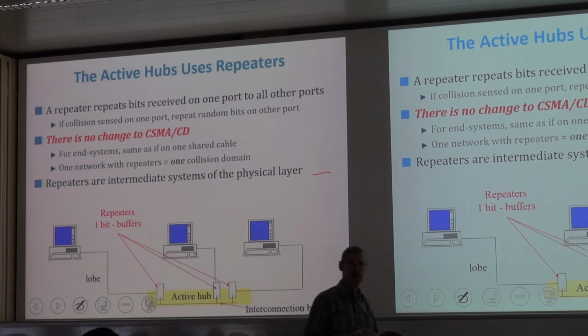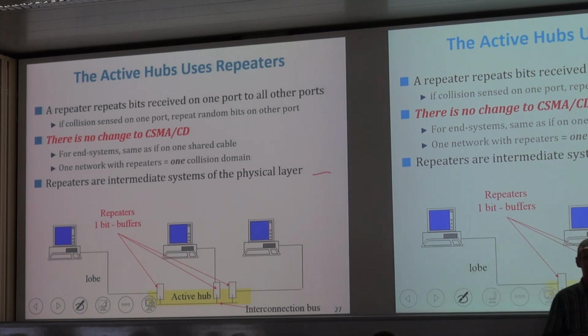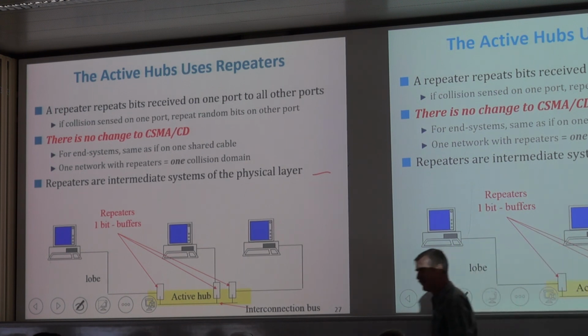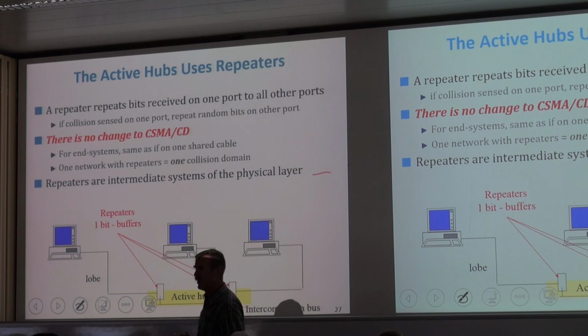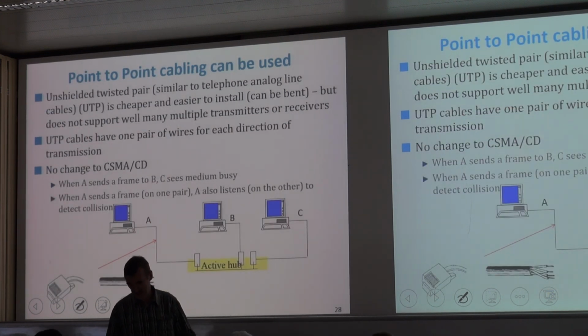Nonetheless, the only improvement is in the quality of the signal, but otherwise it's still exactly the same as before. In particular, this is one single collision domain. If A sends to B, then C cannot send. There is the CSMACD protocol that will make sure only one of them sends at a time. So it is logically exactly the same as with the previous case here.